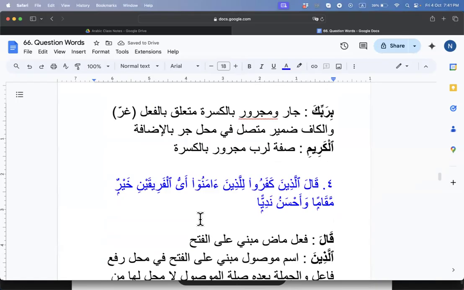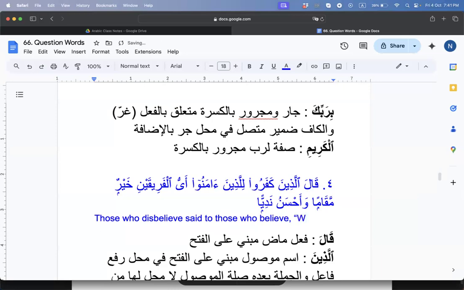Those who disbelieved said to those who believed, which of the two parties is better in terms of position? Which word other than who?